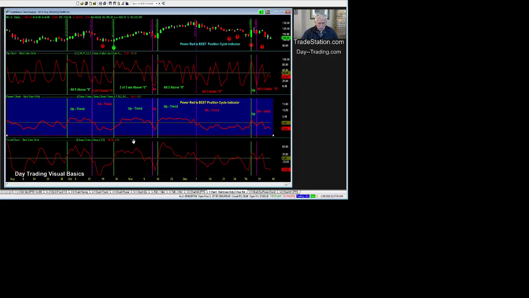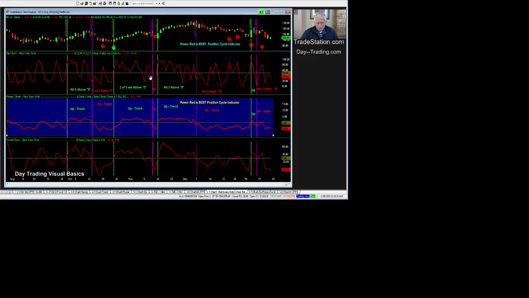But I wanted to show you because in the trend chart, they're also above 0 on the days that the power chart is above 0. The zip red is basically above 0, but remember the zip red has not only the position cycle attributes, but it has volatility attributes built into it, which basically means that it goes up and down a lot quicker than other lines would.